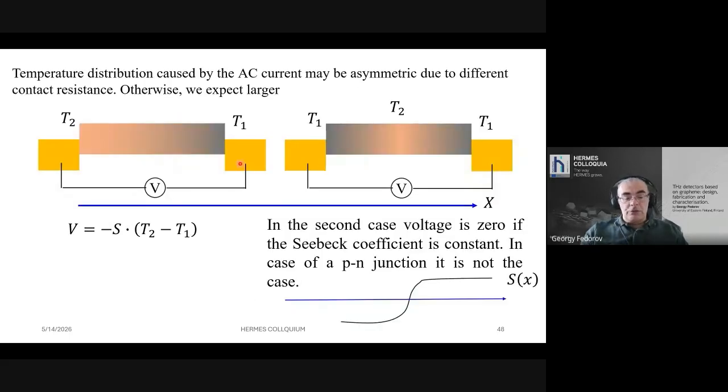This chart shows two different types of heating you may get. One is if you have asymmetry defined by the contact resistance. So the contact resistance is larger on the left than on the right, you will have elevated temperature on the left, and then you can estimate your response by this value. It's just proportional to the temperature difference.